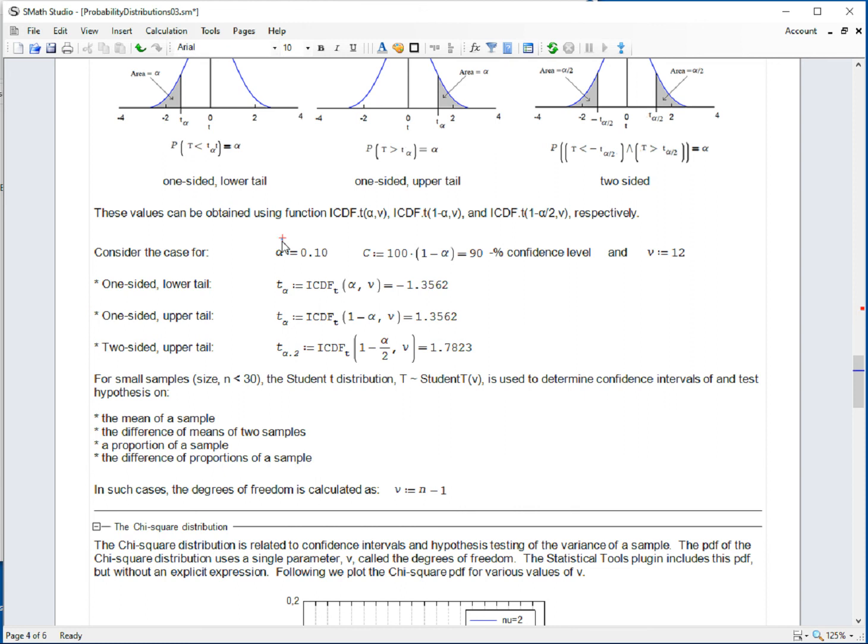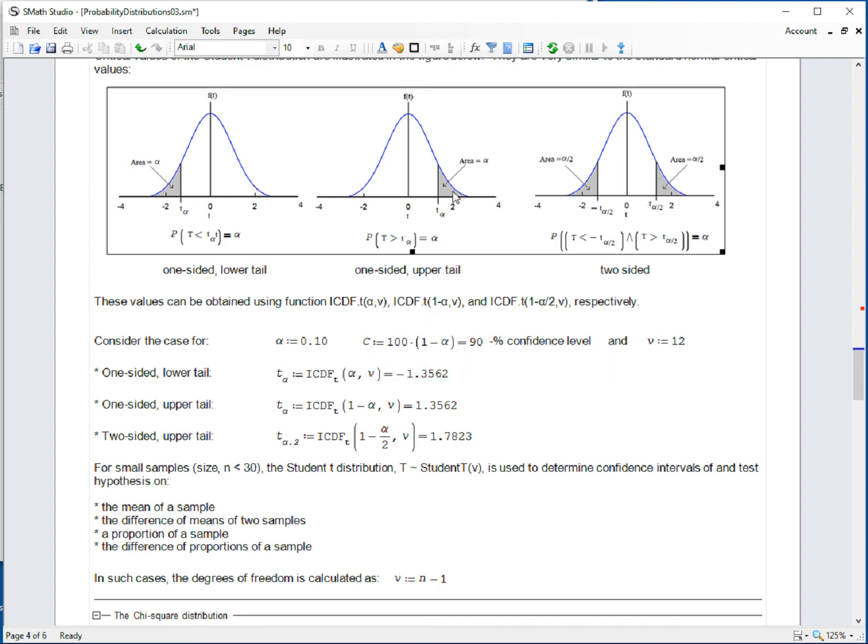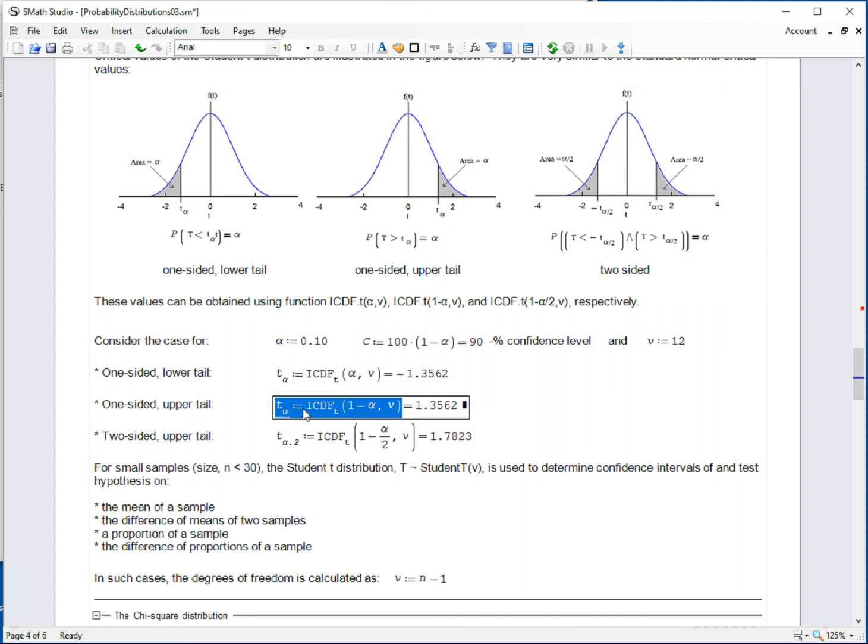For a given value of alpha, that's the significance level, corresponding to a confidence level, for example, 0.10 is 90%, and using the degrees of freedom, we can calculate a t sub alpha, which will be this case here, which is negative, when the probability to the left is alpha, or this value when the probability to the right is alpha, or the probability to the left is 1 minus alpha.